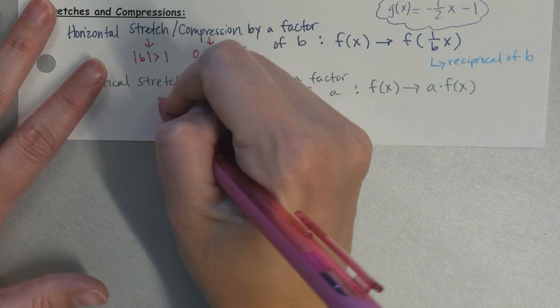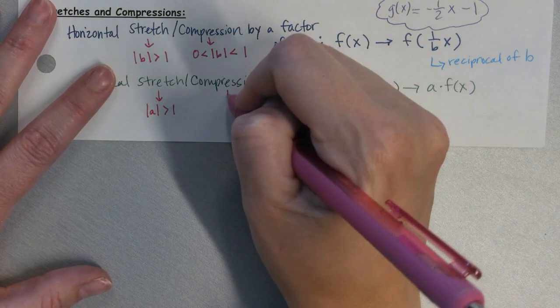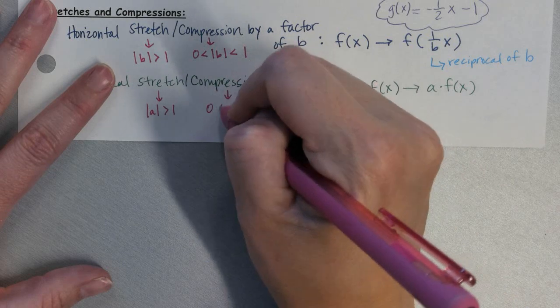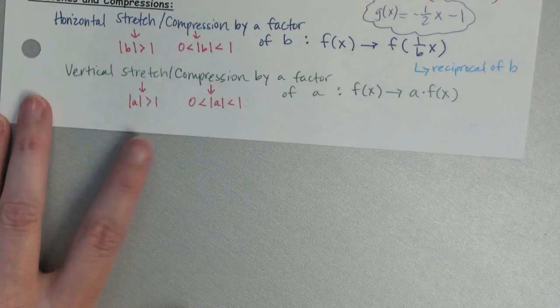Okay, so it's the same thing. For a stretch, you're looking at a value that's greater than 1. A compression is going to be a value between 0 and 1 when you take the absolute value.